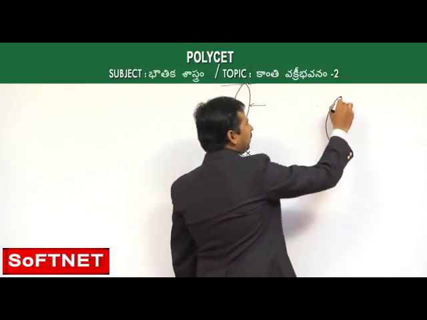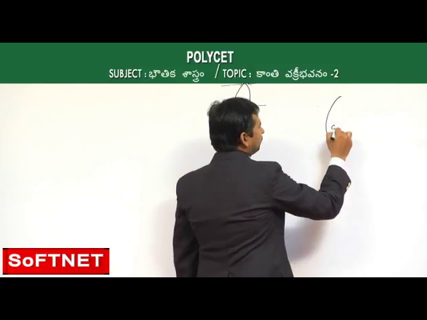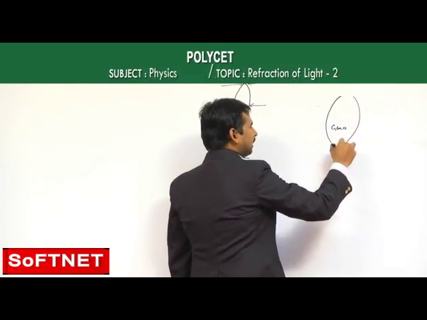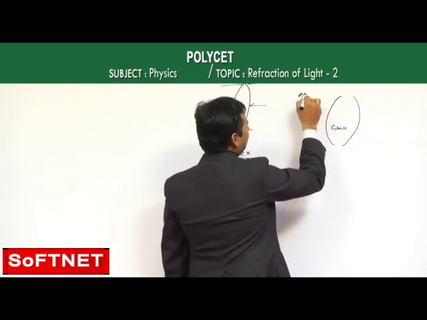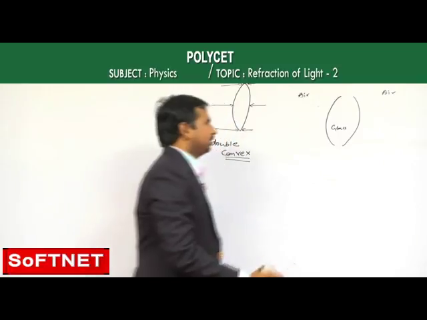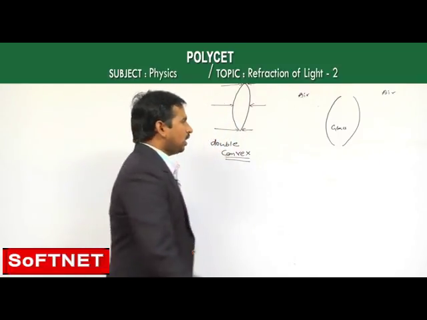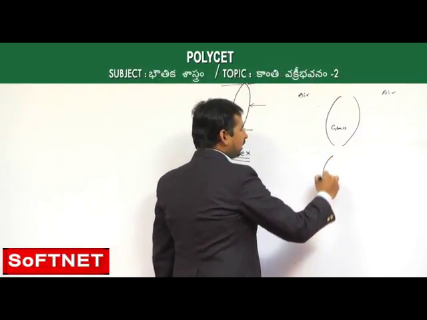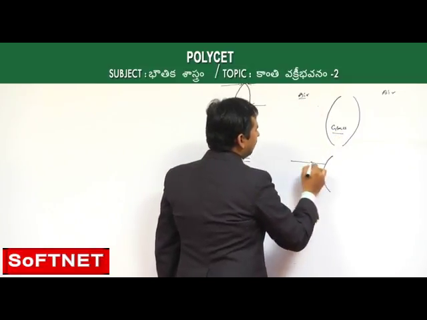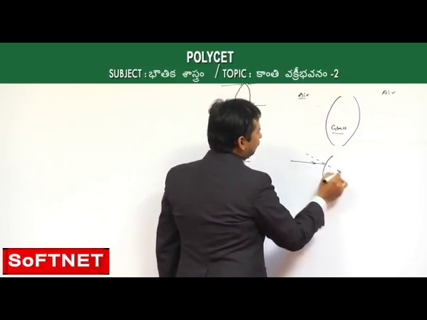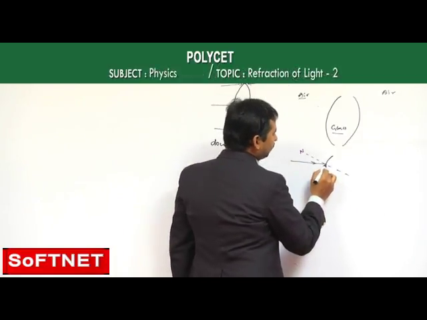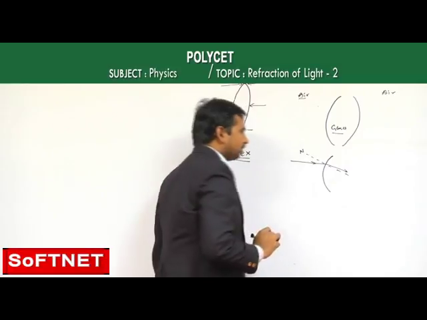Let us suppose here we have the glass medium, and after that again air medium, and the light ray is coming back to the air medium like this. As we already know, whenever the light ray comes from air to the glass, if this is the normal, the light ray bends towards the normal like this.